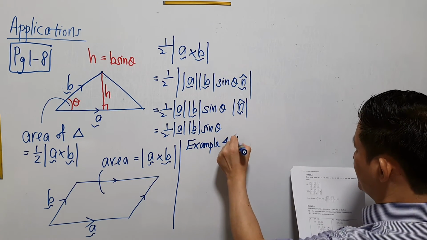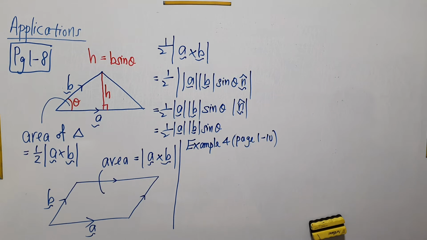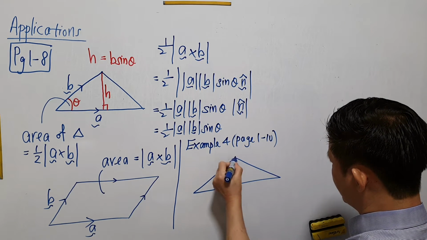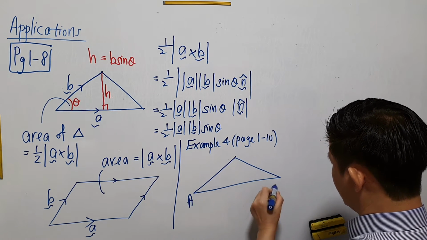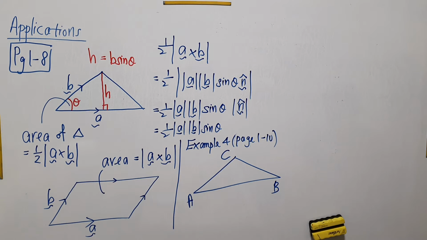Page 110. Right. So in this question, you are given three points, A, B, and C. So the three points, maybe you can draw them like this. A, B, and C. And now in this question, you are interested to find this area.